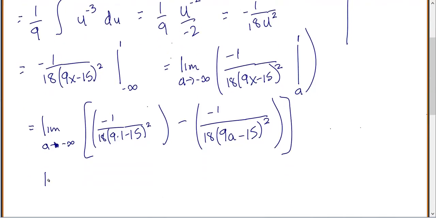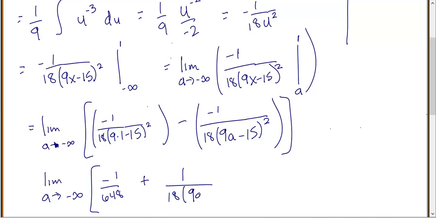Let's simplify a little bit. So the limit as a goes towards negative infinity. Okay, this negative 1 over 18 times (9 minus 15) squared, let me put that in my calculator, is negative 1 over 648. Minus the negative is going to be a plus 1 over 18 times (9a minus 15) squared.